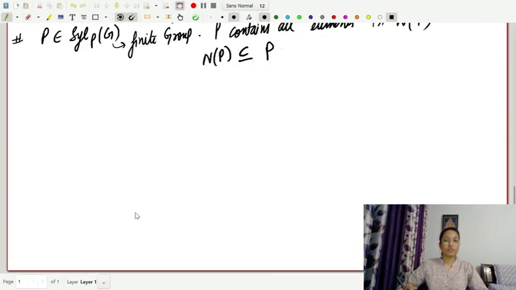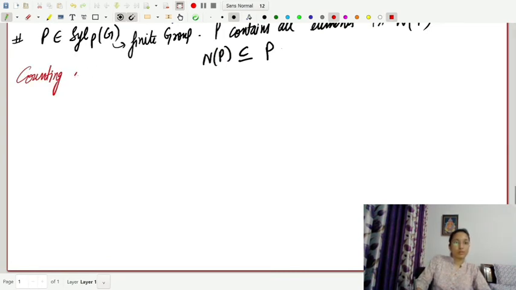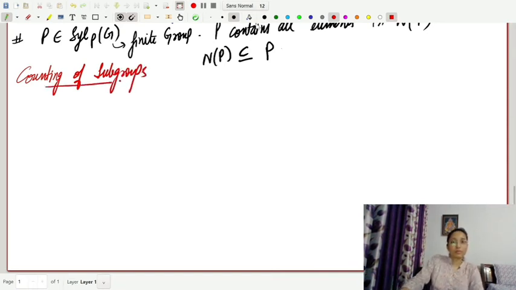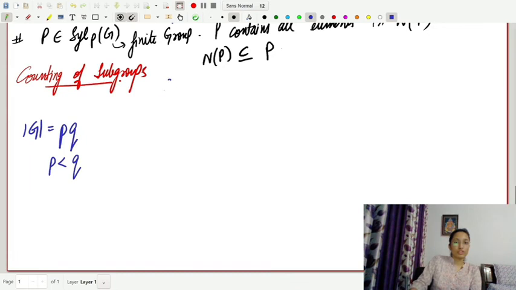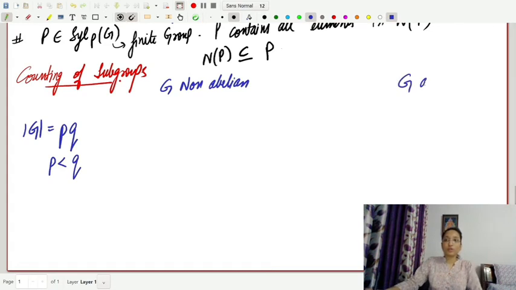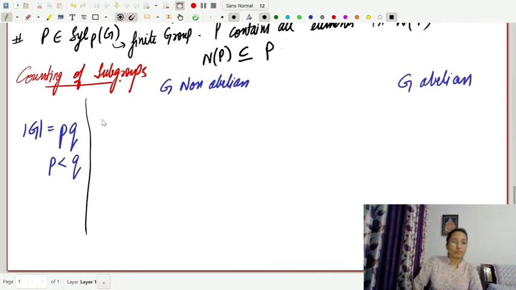Now counting of subgroups. For order of G equal to PQ with P less than Q, G non-abelian, for G to be abelian, P doesn't divide Q minus 1, P divides Q minus 1.